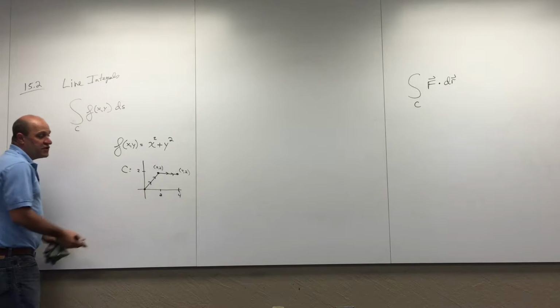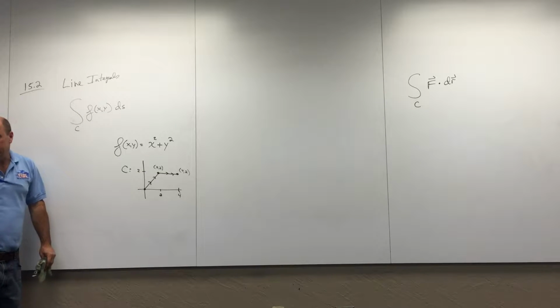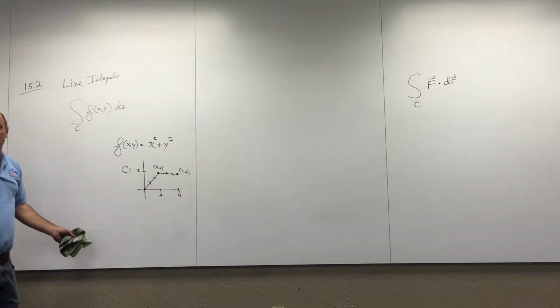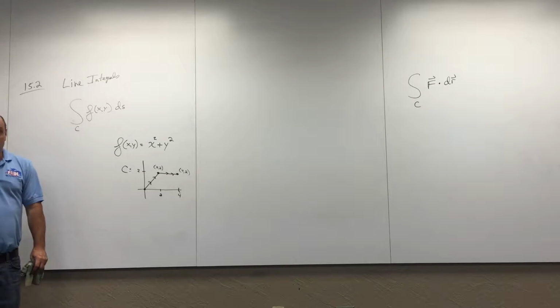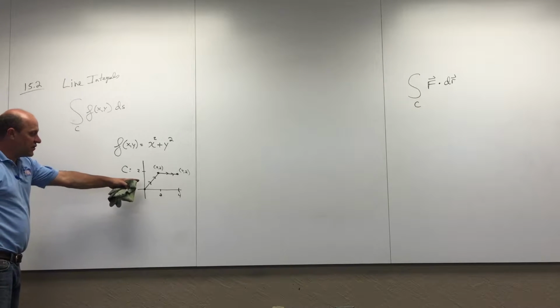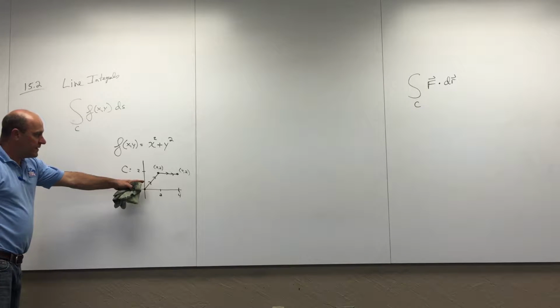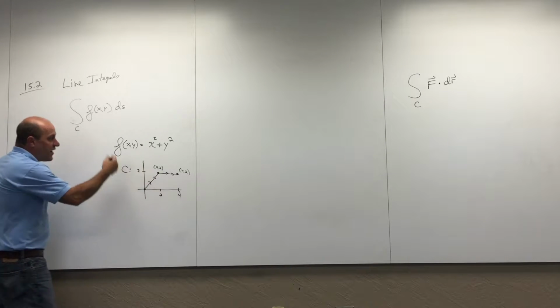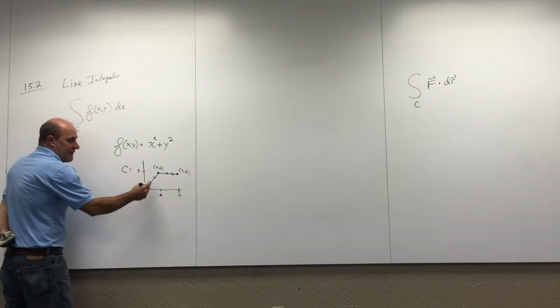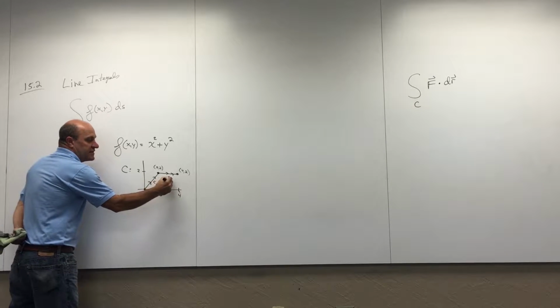When we talk about these curves, we parameterize them. And so again, this is sort of why I told you this chapter 15 is kind of a good review chapter. I got to go back and think about parameterizing these curves. But what I've decided here is that to do this problem, I've got to split this curve into a C1 and a C2.